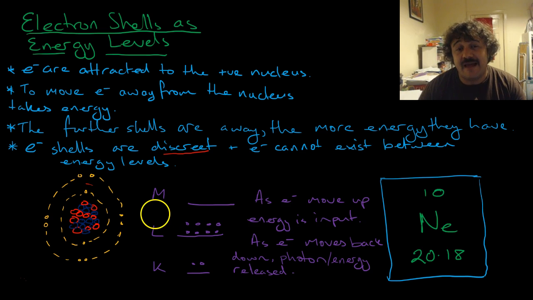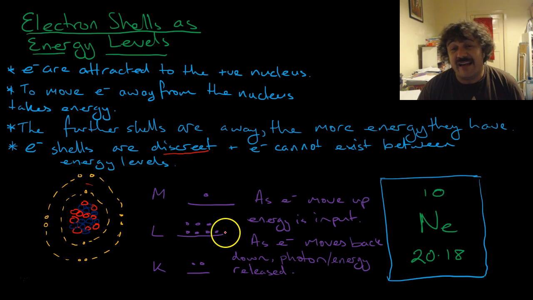What happens is, as an electron moves up, energy is put in. We'll see that here. We put energy in, and it goes up. But once you take that energy away, the electron will go back down. Because you've put energy in to move it up, the electron has to release energy as it moves back down, because otherwise it breaks the law of conservation of energy.